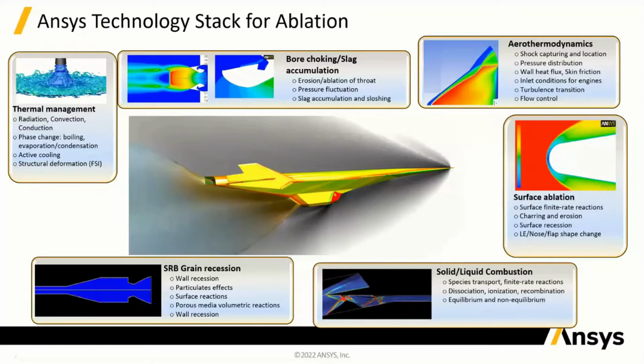But what we needed to do was take all the stuff we knew and generalize it and put it into a model setup, so people can access it very easily. So each user wouldn't have to reinvent the wheel. So we could take advantage of what we've learned, how to set up recession models, different types of particles, radiation, everything with it.